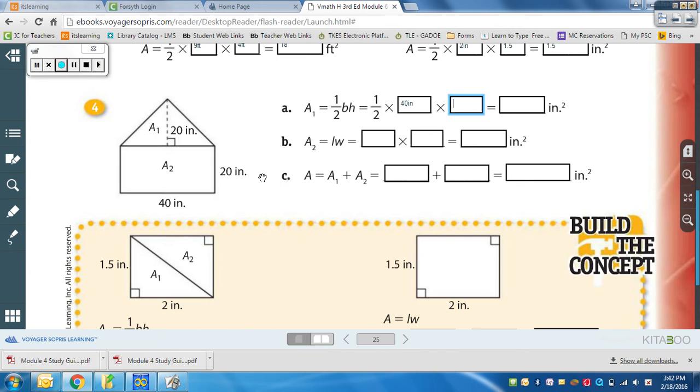It's right here. Height of the triangle is 20 inches. So now what is 1/2 times 40 times 20? It is 400 inches squared.